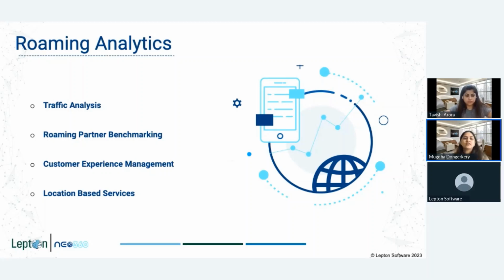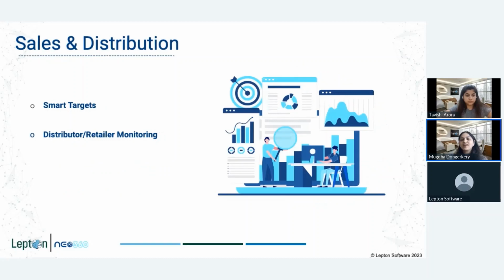Sales and distribution. Smart targets. So smart targets are something which use the network data. Let's take a typical example wherein a big geography like India, there are many distributors for any telco, right? So these distributors have a specific geographical area that is under them, and under distributors there is a retailer network. Now, many times it happens that some distributors are performing very well, some are not.